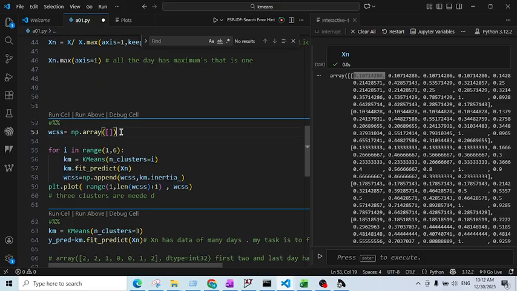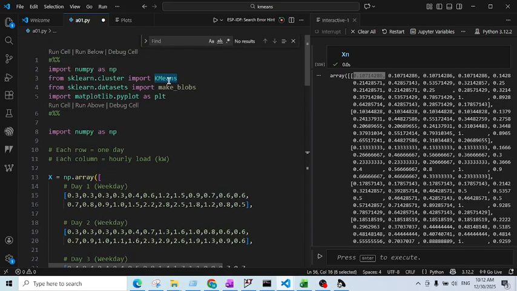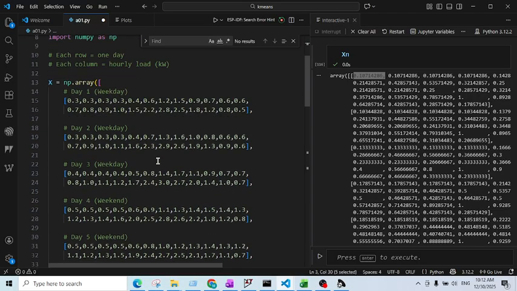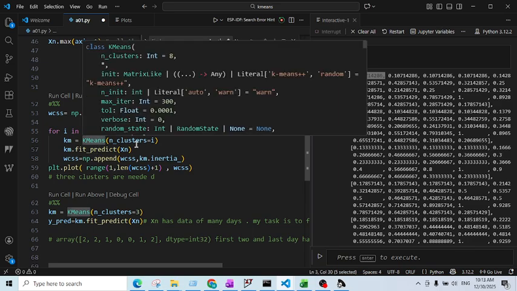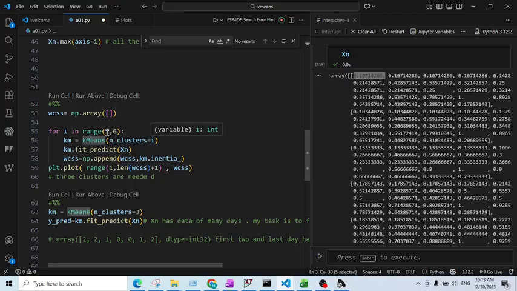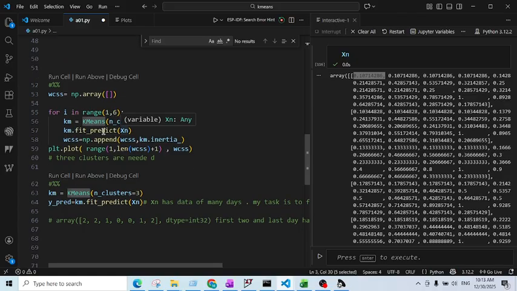So what I will do, I will run a loop from 1 to 6, and by using the k-means, which is from the sklearn.cluster. I will first assume that i is equal to 1, then I will assume that cluster number is 2, cluster number is 3, and similarly cluster number is 6, and then I will fit predict.